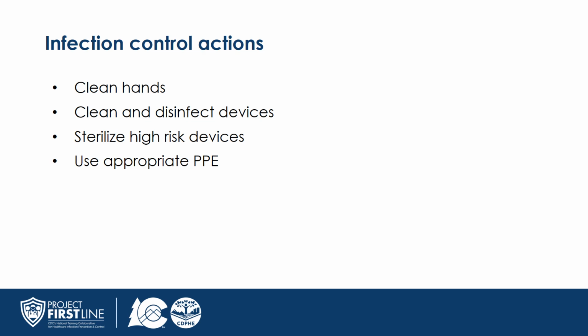Infection control actions that can help stop spread of infections from dental instruments, devices, and equipment include clean hands, clean and disinfect devices, sterilize high-risk devices, and use appropriate PPE or personal protective equipment.